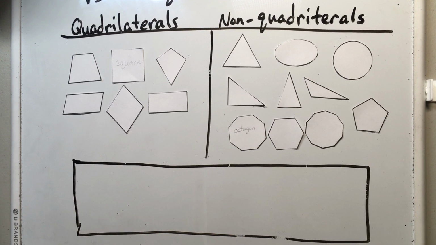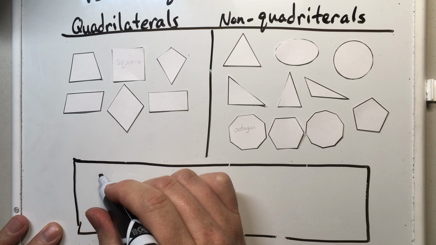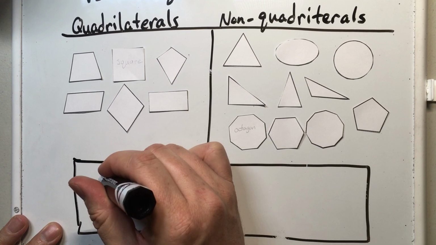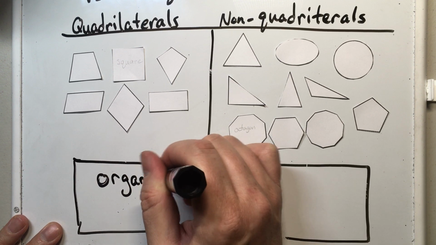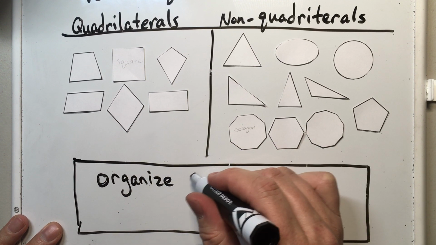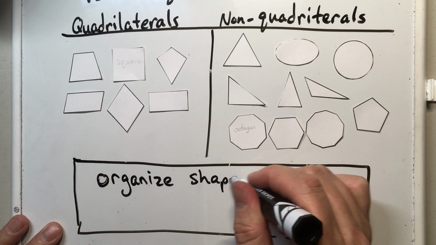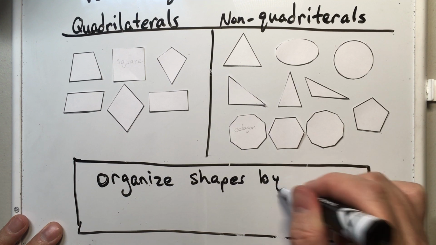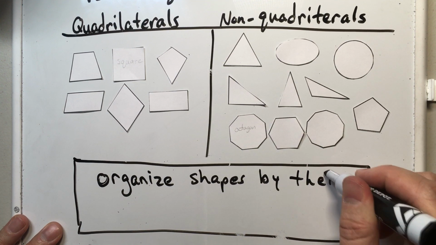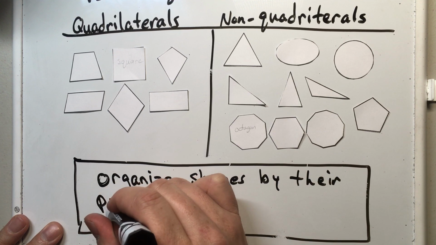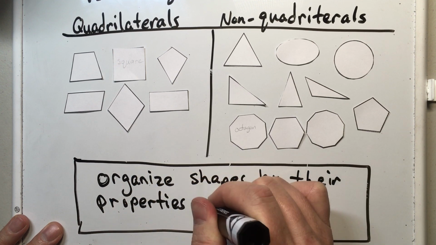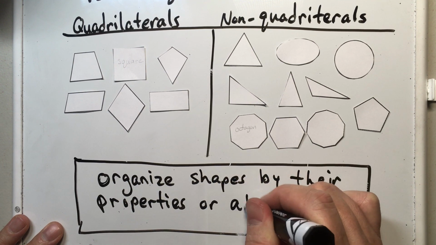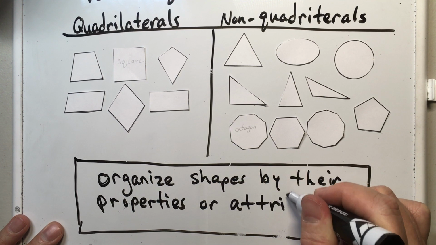All right, so what I just did is I organized shapes by their properties or their attributes, however you want to say it.